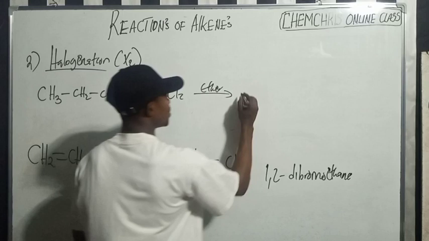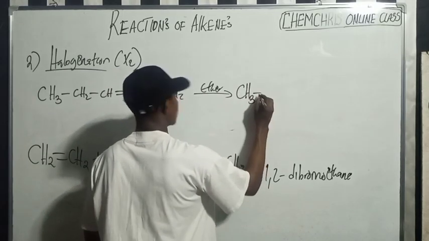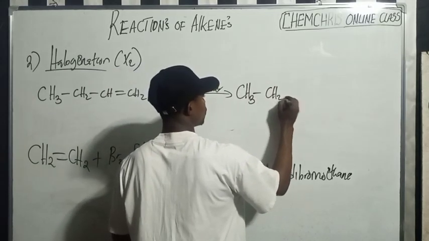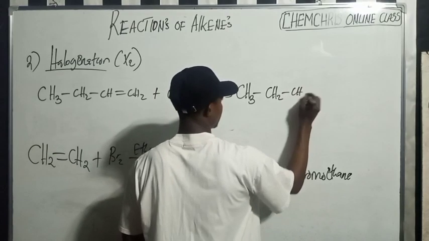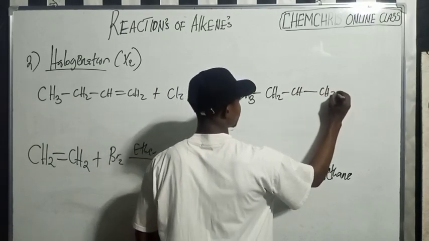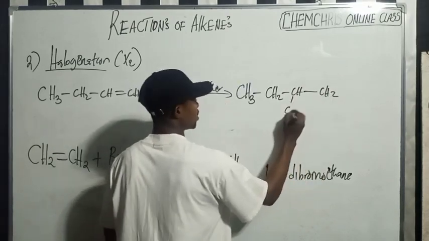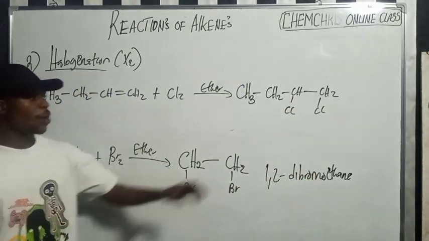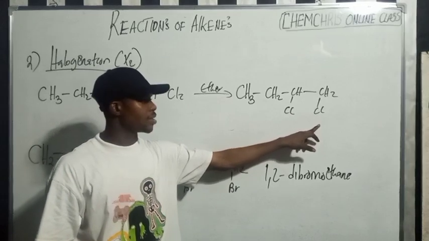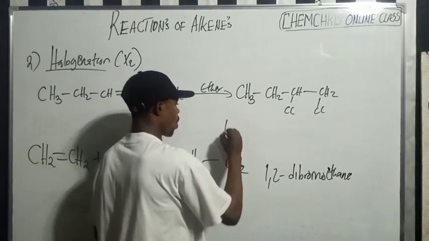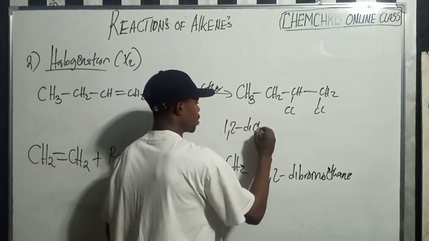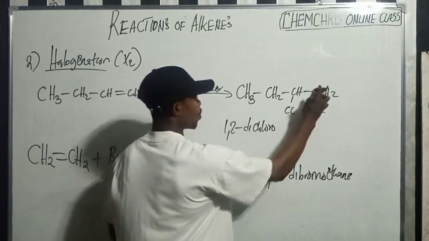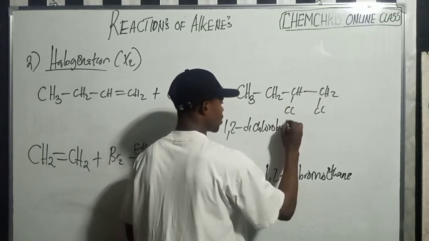So here I have CH3, CH2, CH, CH2, here I have Cl, Cl. Do you understand? So what will be the name of this compound? So it will be 1,2-dichloro, 1, 2, 3, 4, butane.